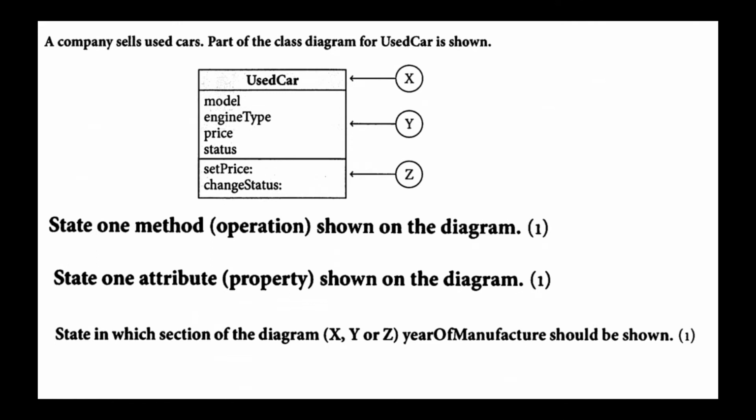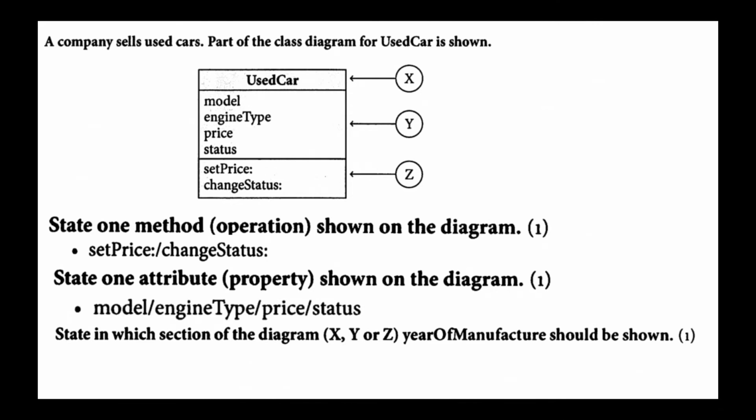So one method, set price or change status, so that is Z. Then state one attribute or property shown on the diagram: the model, engine type, price or status, so that is all within Y.